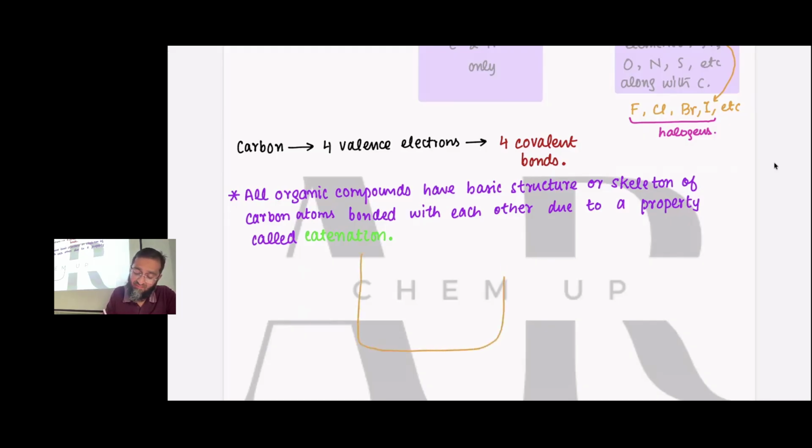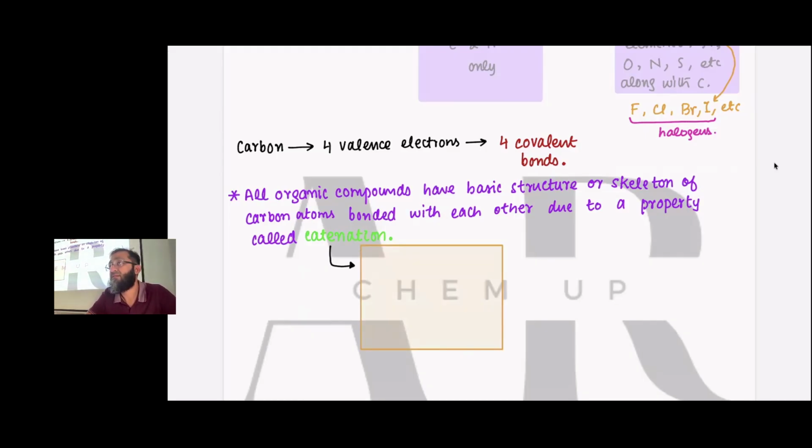Yes, sir, the ability to make ring structures. The ability to make ring structures? Not ring structures, the ability to make a wide variety of structures, as carbon can bond with itself in multiple ways.